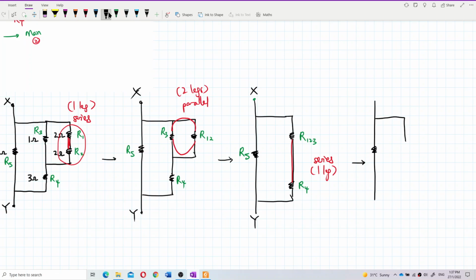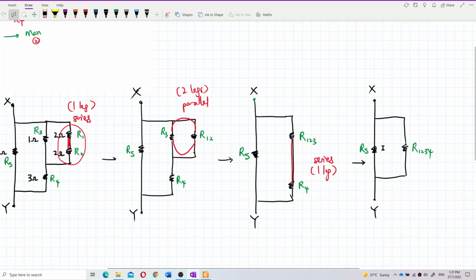This is XY here. This is R5 and this is R1234. So we can combine these two already, going to the main circuit.